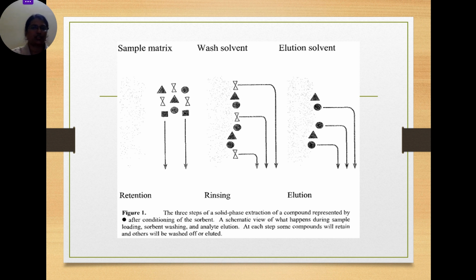Then during the washing stages, the analyte, impurities or other interferences, based on their retention properties, are getting eluted. After collection of this eluate, we will be further analyzing them. This step of washing is called elution, which you can see in the three pictures.